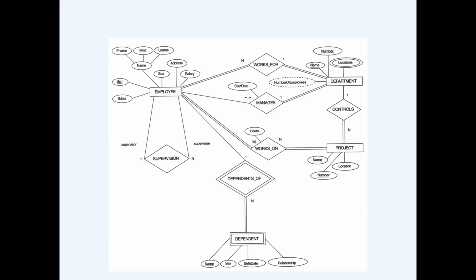And you cannot connect this to the department because it directly depends on the employee. So the ideal place to put this is on the relation like this. So you can notice the manager start date is connected to the manages relation. Number of hours a particular person works for a project is connected to the works on relation.